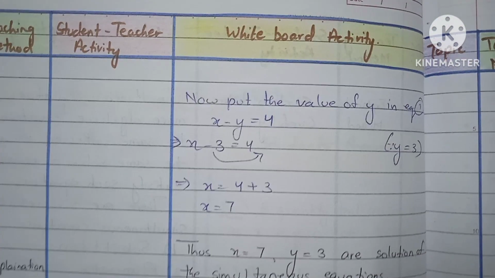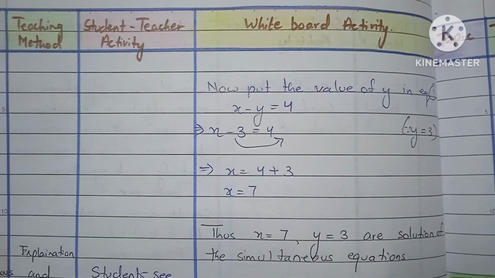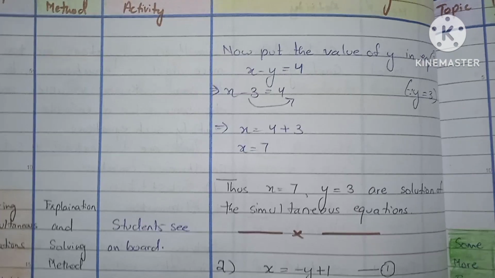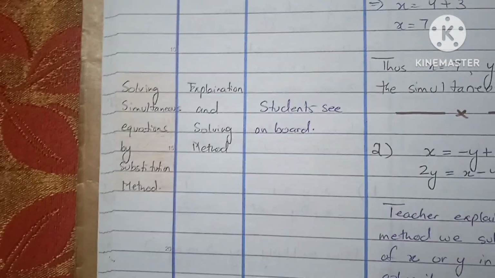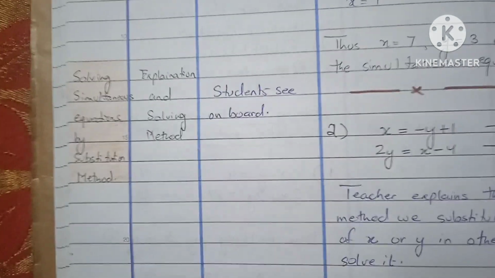So I am substituting this value in equation 1 and keeping y is equal to 3, we get x is equal to 7. So the solution of this simultaneous equation is x is equal to 7 and y is equal to 3. Now teacher comes to solve the simultaneous equations by substitution method.